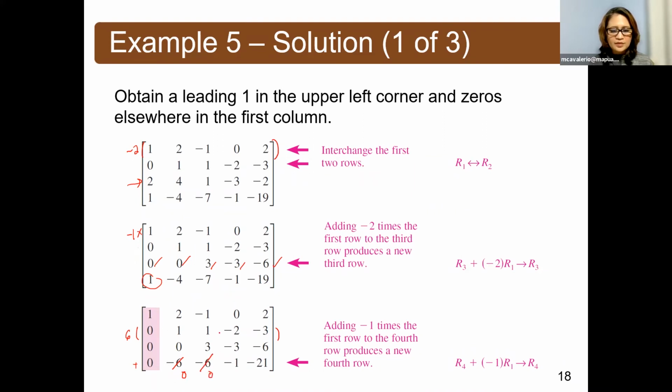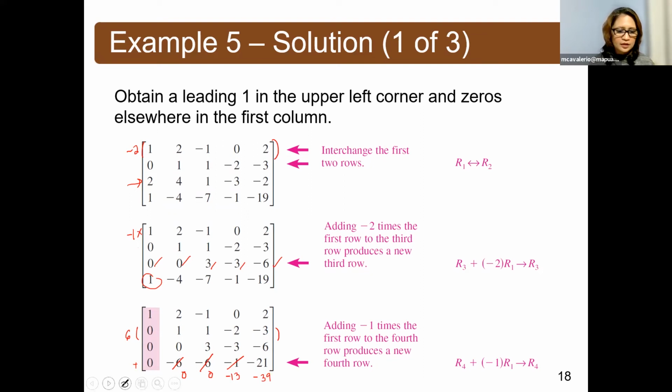And 6 times negative 2 will be negative 12. Negative 12 plus negative 1, that will be negative 13 now. And 6 times negative 3 is negative 18. Negative 18 plus negative 21 is negative 39, right? So this will be the new entries for your row 4.